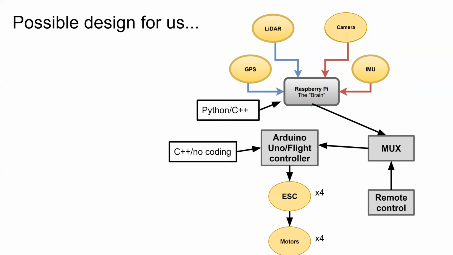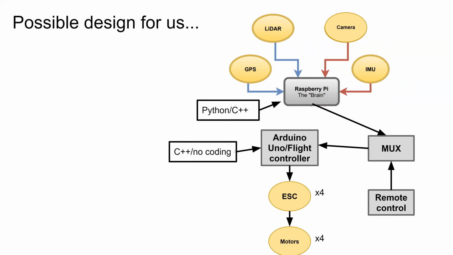And I think that we could interface between those two. And so that would change our coding to being either, if we use the Arduino Uno, we would have to code in C++. And if we use the flight controller, we wouldn't have to do any coding, which would be pretty nice.